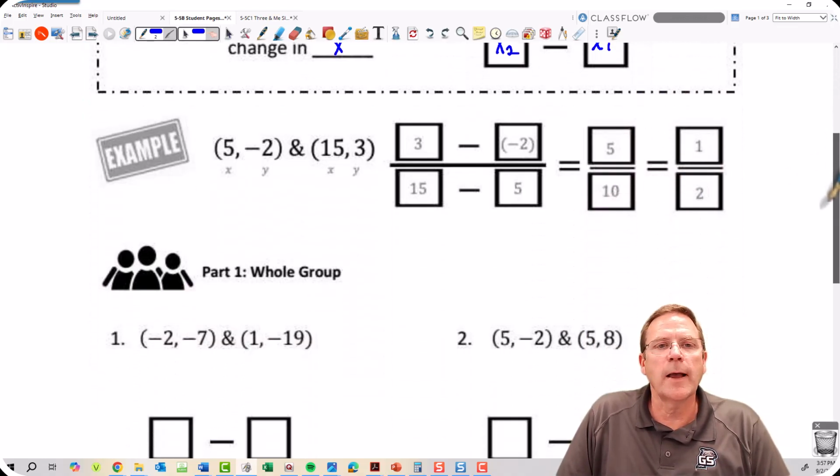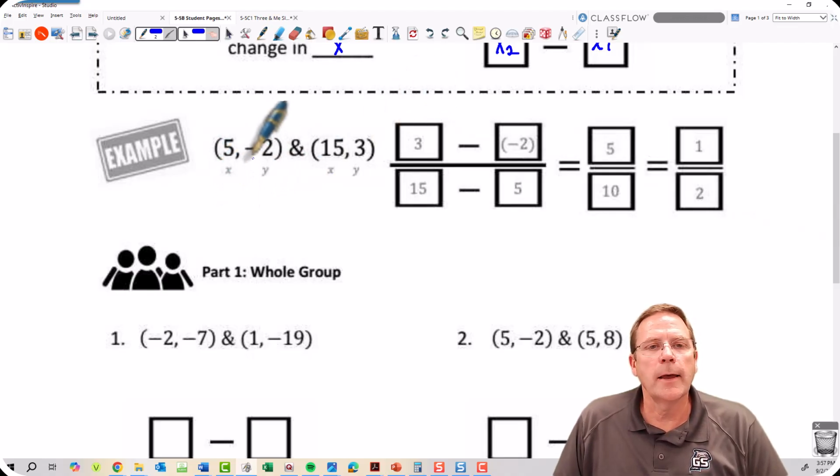So looking at the example problem they did, we're going to call this x1 and y1, and we'll call this x2 and y2. It's kind of hard to see how little they wrote it there. So when they plug those in, I'd have y2 and y1, I'd have x2 and x1. So y2 was 3, y1 is negative 2.